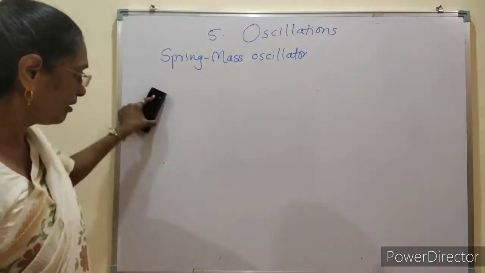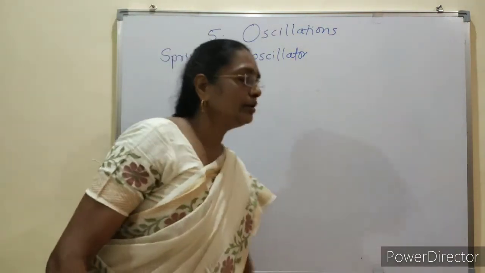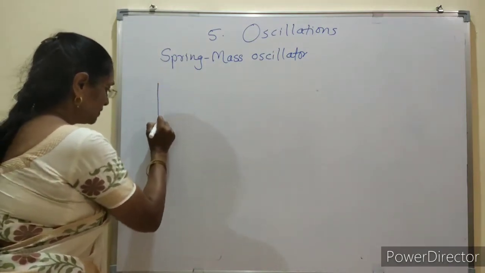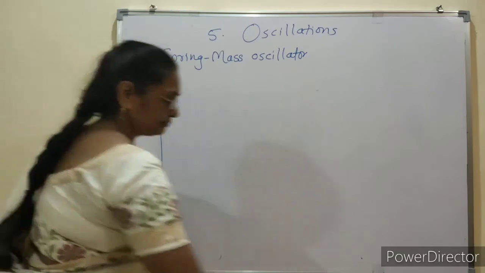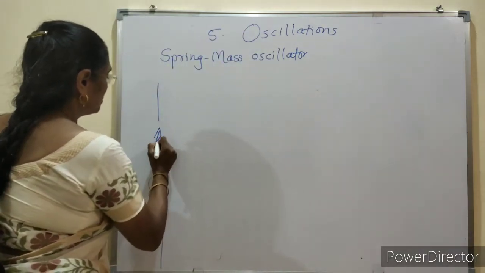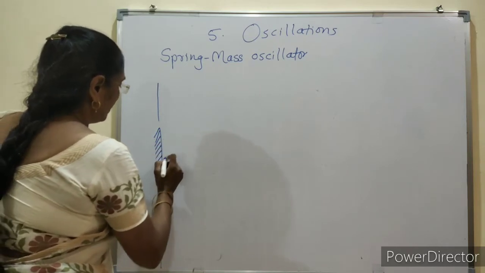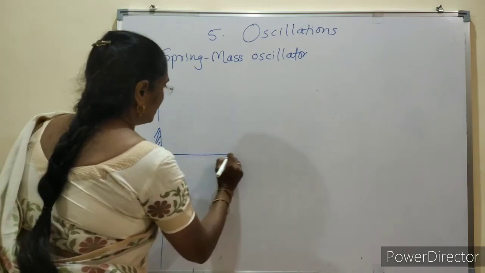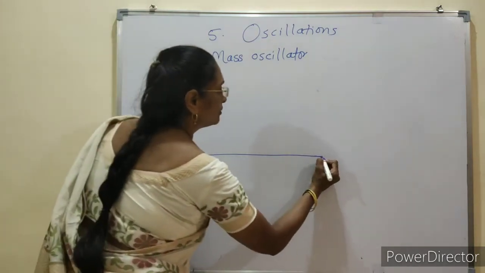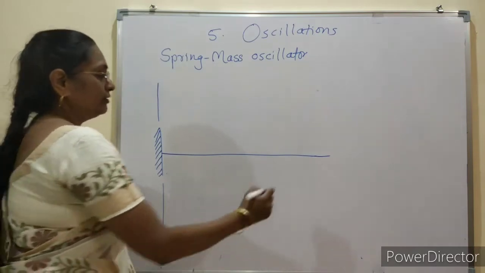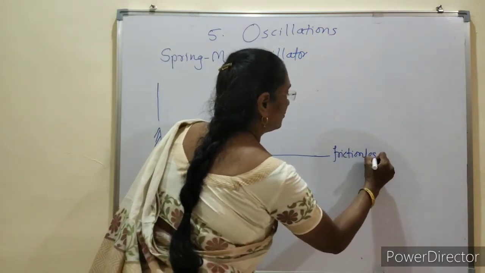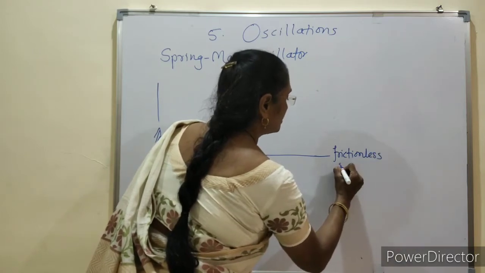Here I draw one setup like this. Suppose here there is a rigid support and one horizontal surface is set here, that is a frictionless horizontal surface.